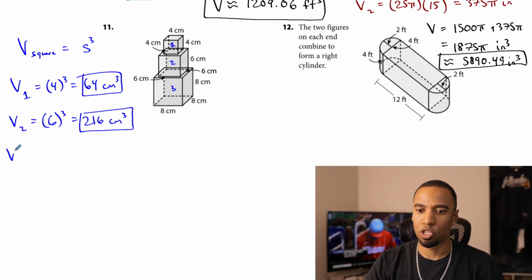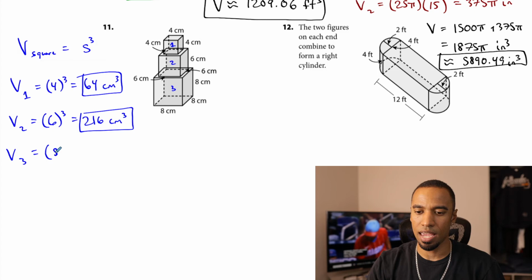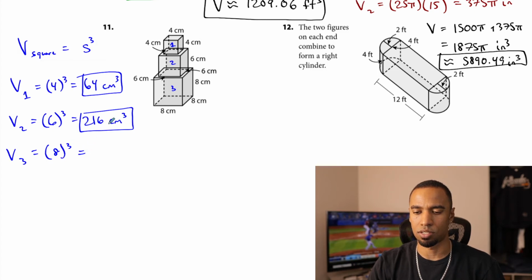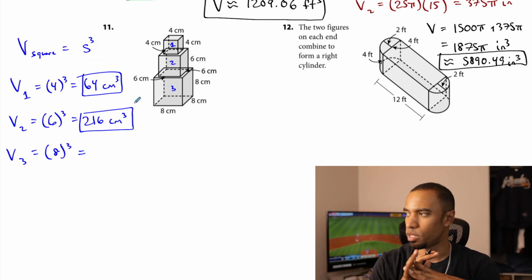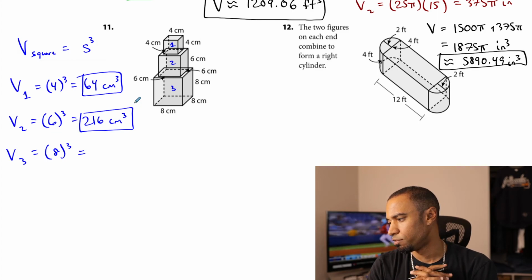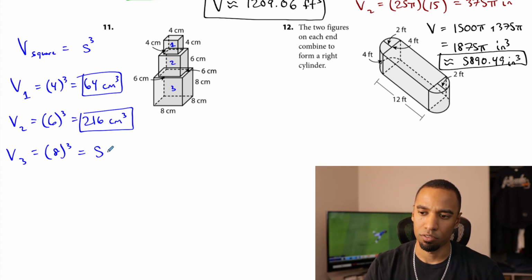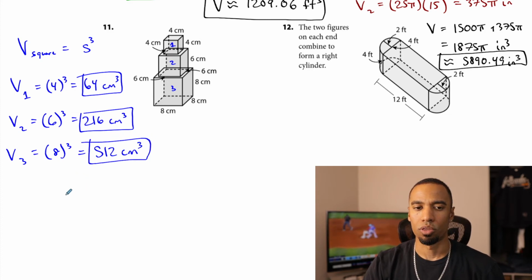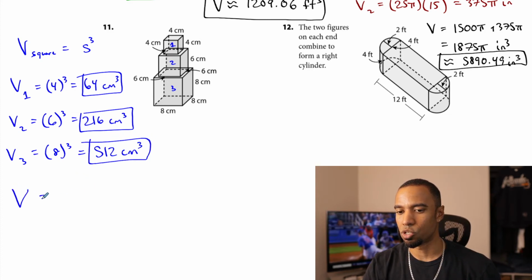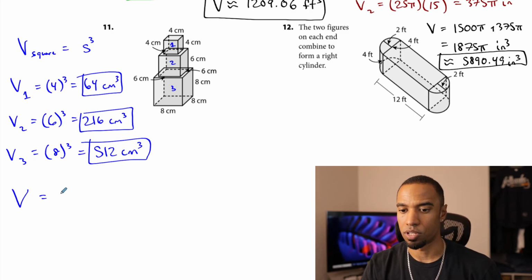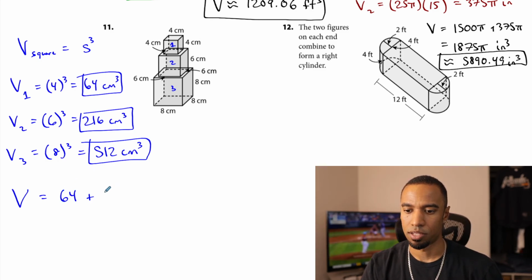And then the volume of cube 3 is 8 cubed, which is, do I know 8 cubed? 512 cubic centimeters there. So the volume of the entire thing is going to be all 3 added together, of course. That's going to be 64 plus 216 plus 512.